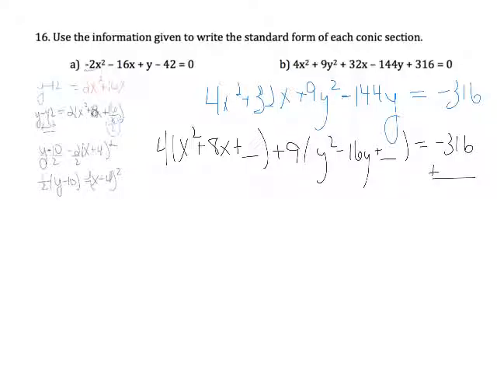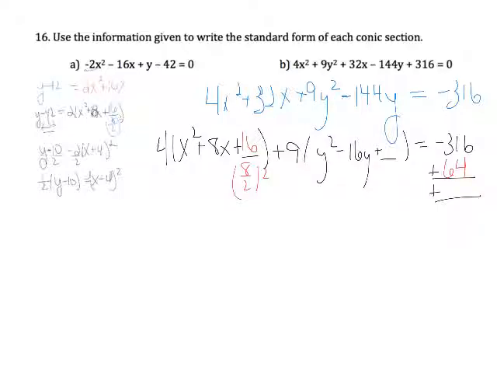As is my habit, I always run out of space over there, so I have to add those 2 blanks underneath. Alrighty, 8 divided by 2, square it. We've got 16 there.